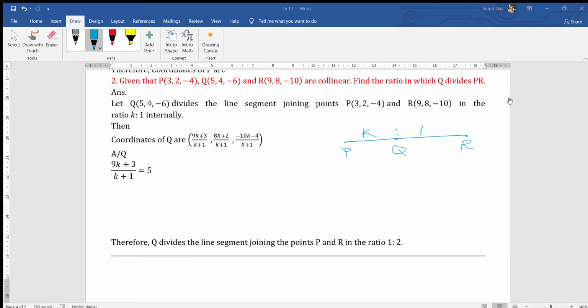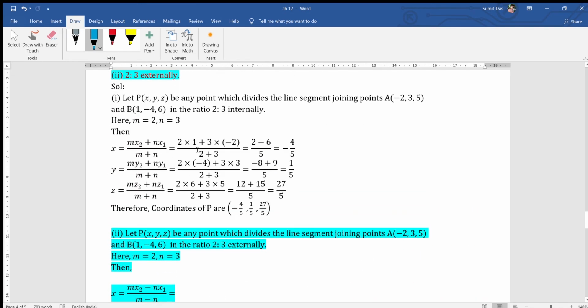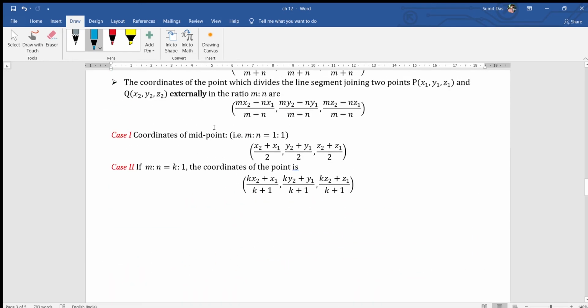No need to take the external. Understood? So I'll find the coordinates of Q by the formula. What will be the coordinate of Q? Let me put the formula.